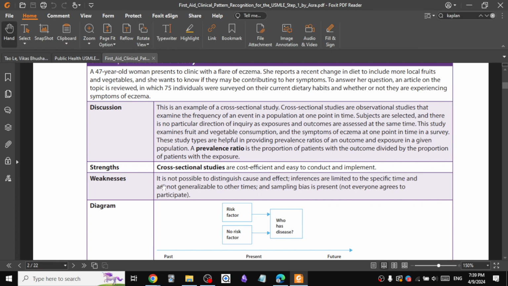So what's the weakness? It is not possible to distinguish cause and effect because we're not actually determining a causal relationship. All you're doing is just looking at one set of people because of some disease or exposure or need for treatment or something like that, and that's it.